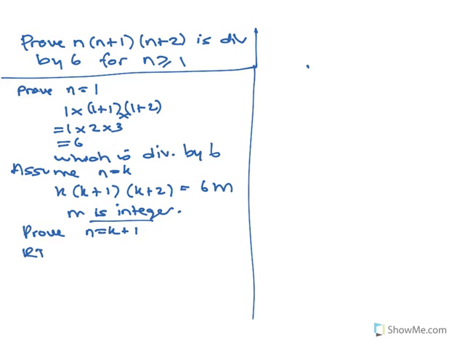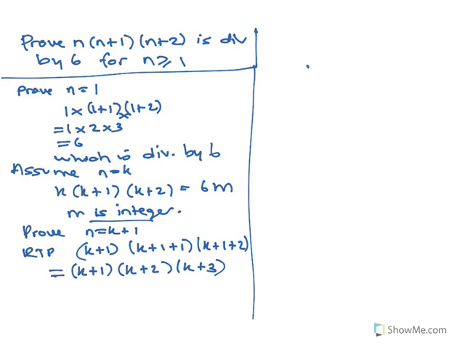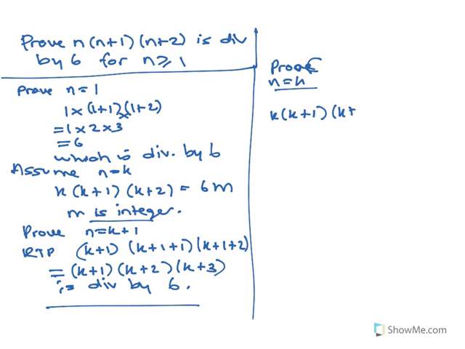So required to prove that (k plus 1) times (k plus 1 plus 1) times (k plus 1 plus 2), which is (k plus 1)(k plus 2)(k plus 3), is divisible by 6. Okay, so proof. So if we take the assumption, which is n equal k, you have k(k plus 1)(k plus 2) equals 6m.